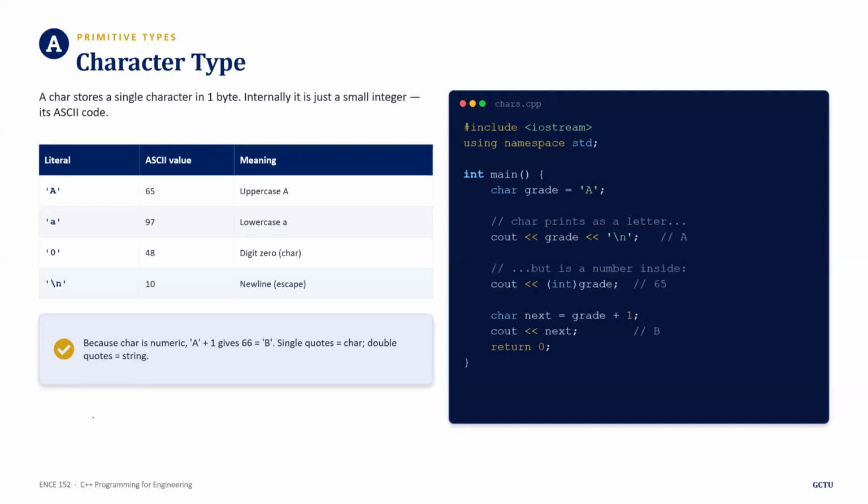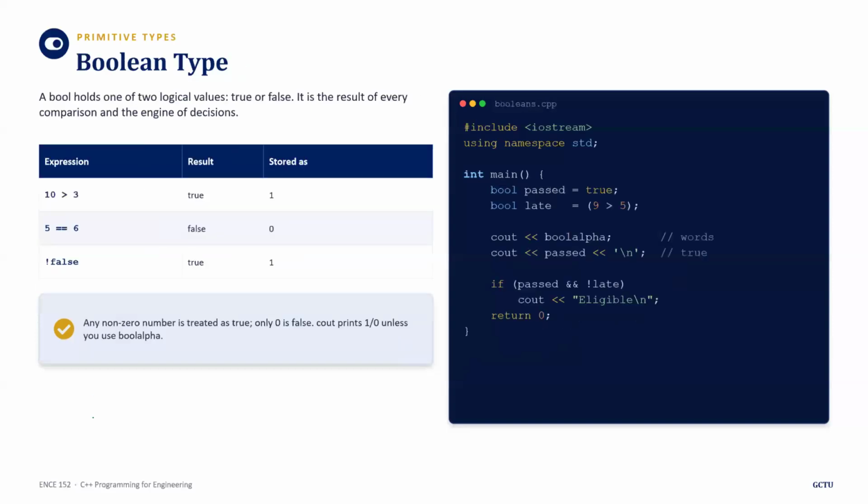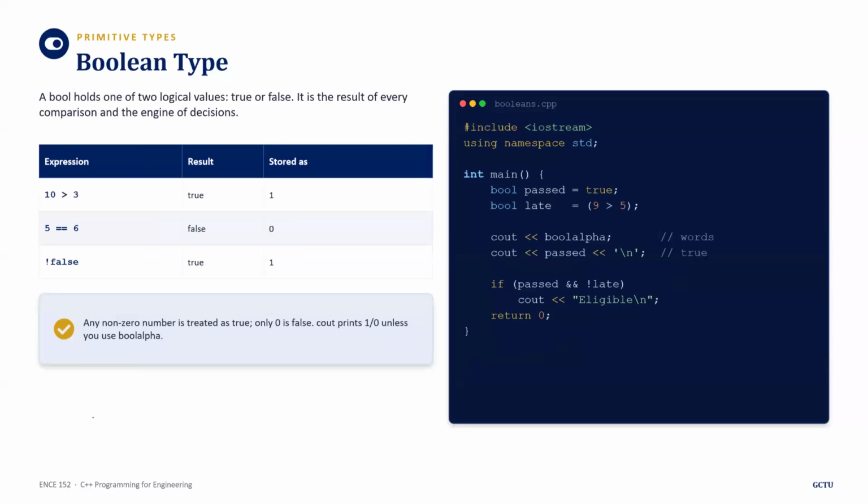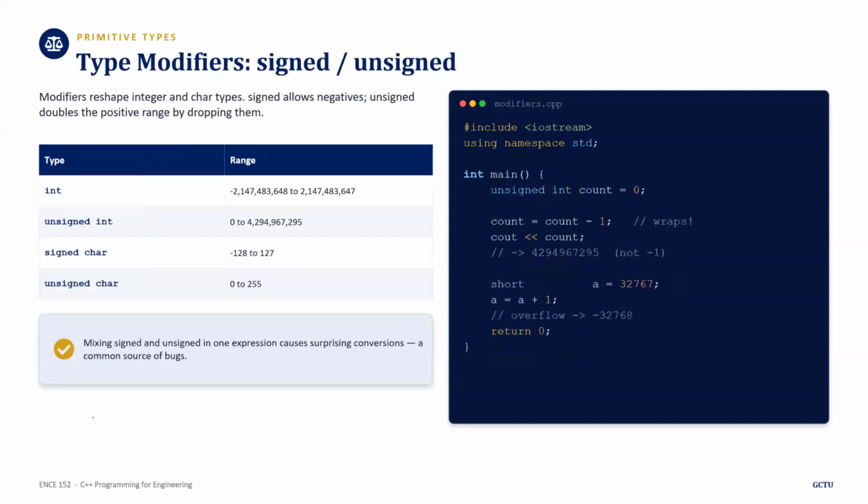Characters are literals. A, B, C, D, E, F, number, slash n, all of those things are characters. Booleans are values which are true or false. So anytime I want to do something which is either going to be true or false, then I will have a Boolean.